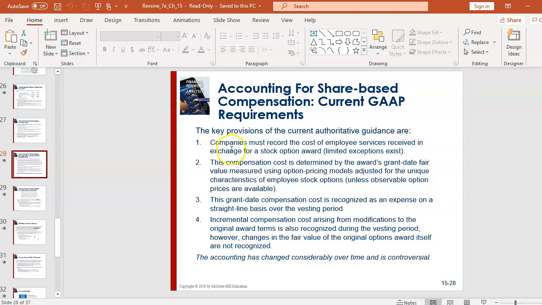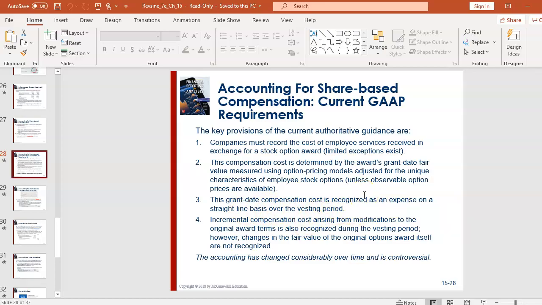So in GAAP, when you have stock-based compensation, you have to have some key provisions here. Companies must record the cost of employee services received in exchange for a stock option. The compensation cost is determined by the award's grant date fair value measure. Basically, what's the value of the stock when the stock option is granted, and then we recognize that as an expense over a vesting period.